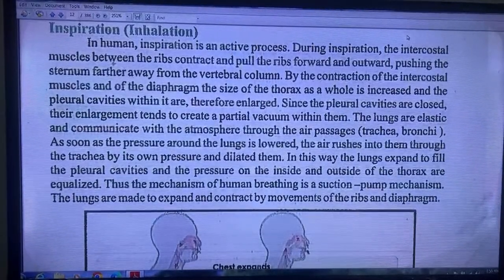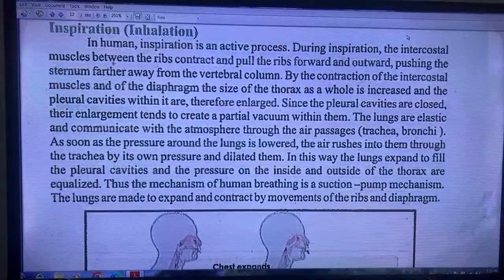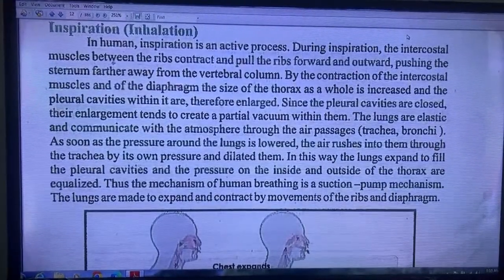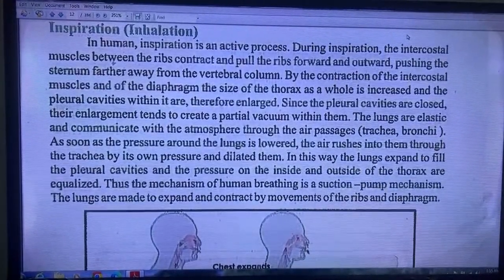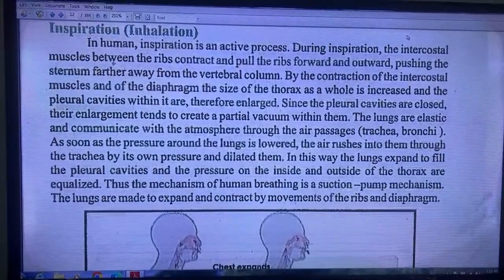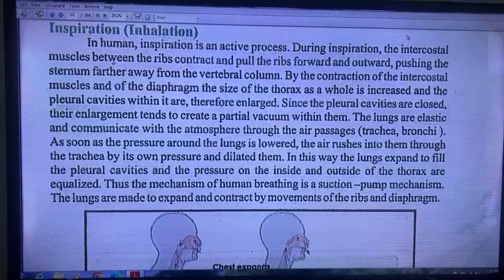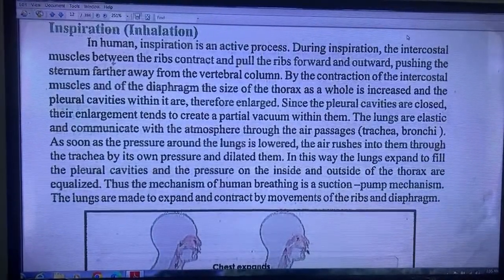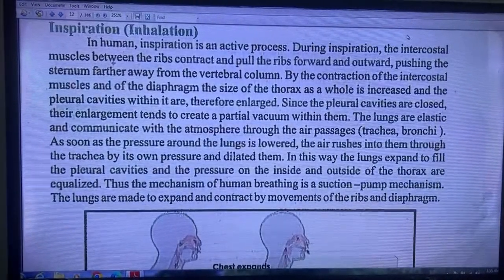In this way, the lungs expand to fill the pleural cavities and the pressure on the inside and outside of the thorax are equalized. Thus, the mechanism of human breathing is a suction pump mechanism. The lungs are made to expand and contract by movement of the ribs and diaphragm.